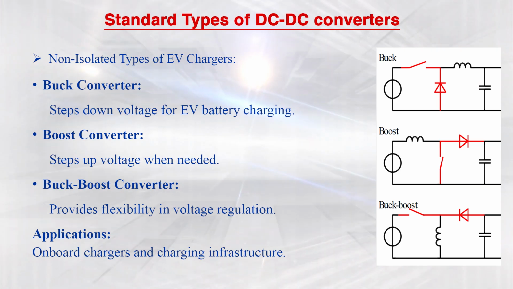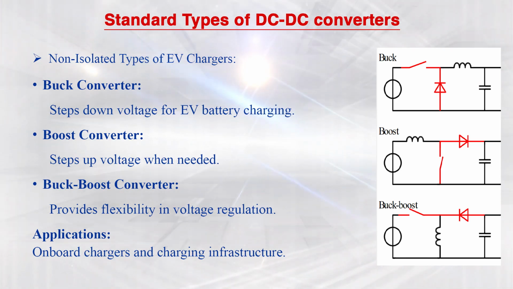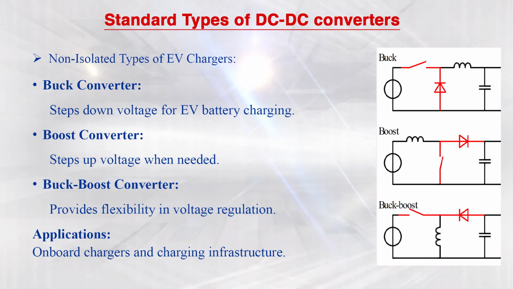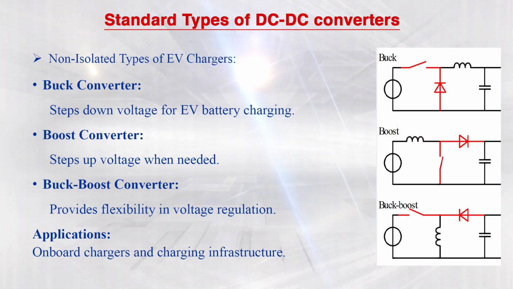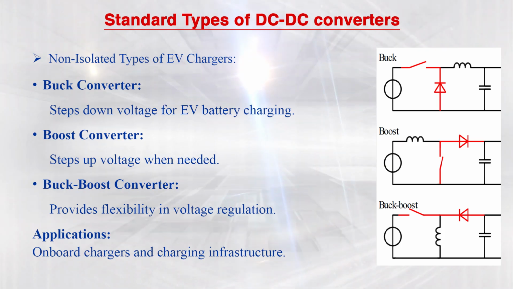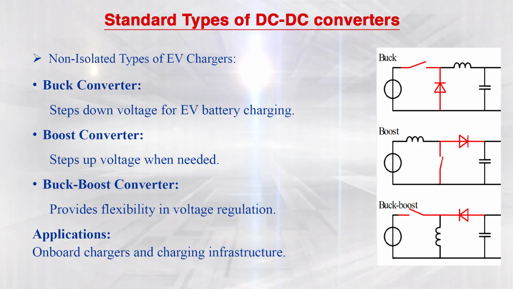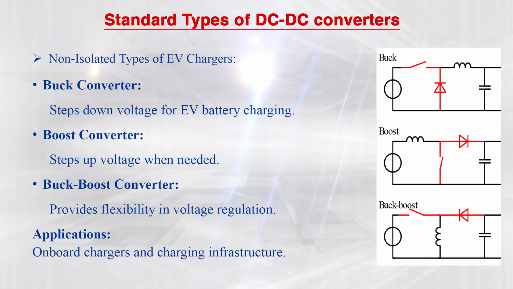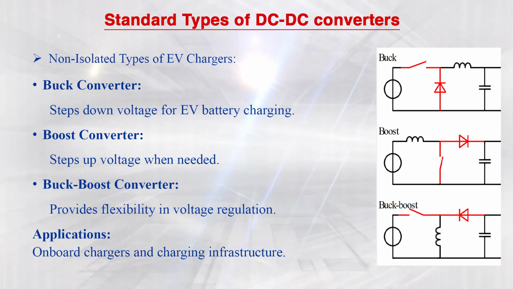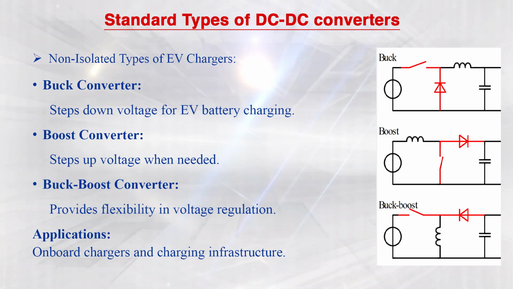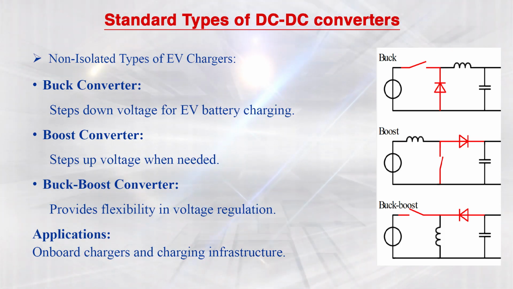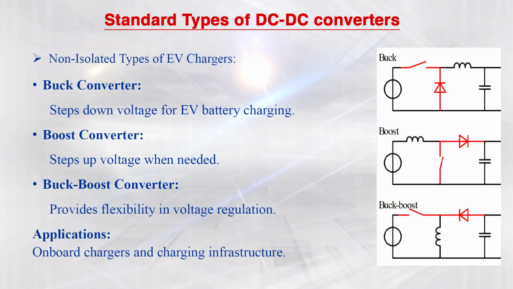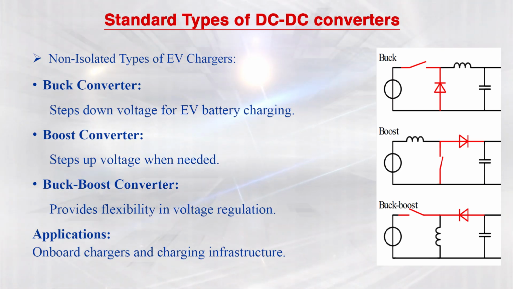This 310 volt can be stepped down using a buck converter, because the battery requirement is, suppose, 48 to 72 volt. Later on we will see that if the voltage gain is high, then we have to go for other topologies, but these conventional converters can also be utilized to step down the voltage.